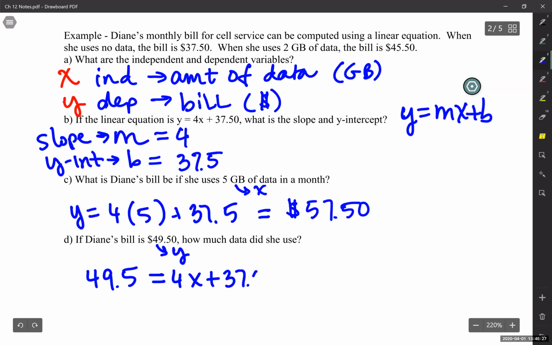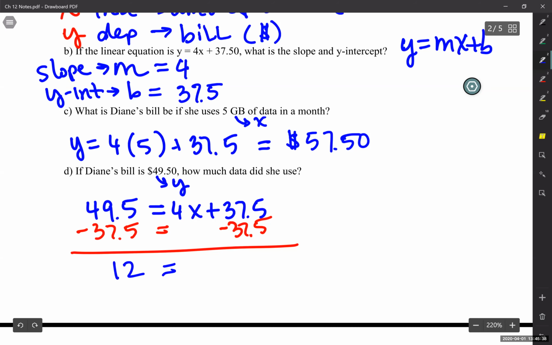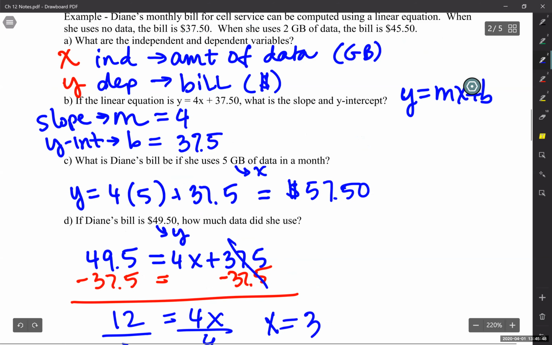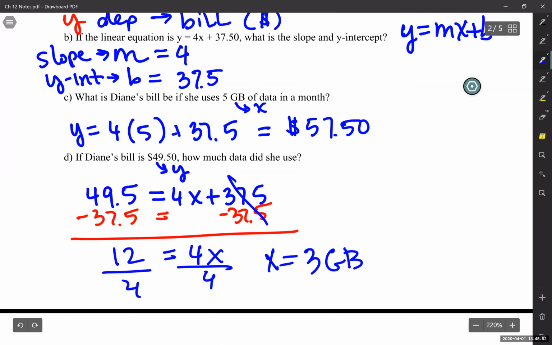So we will subtract 37.50, and then finally divide by 4, and we get that x equals 3. And as a reminder from the top, x was in gigabytes, so she used 3 gigabytes if her bill was $49.50.